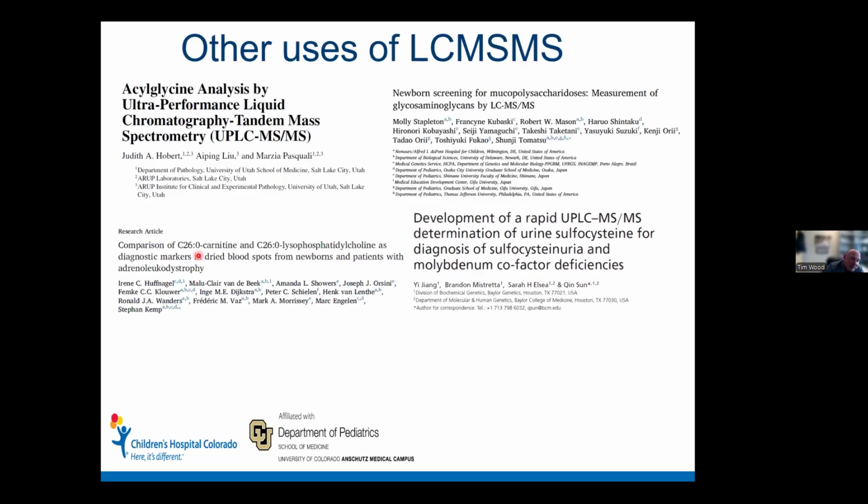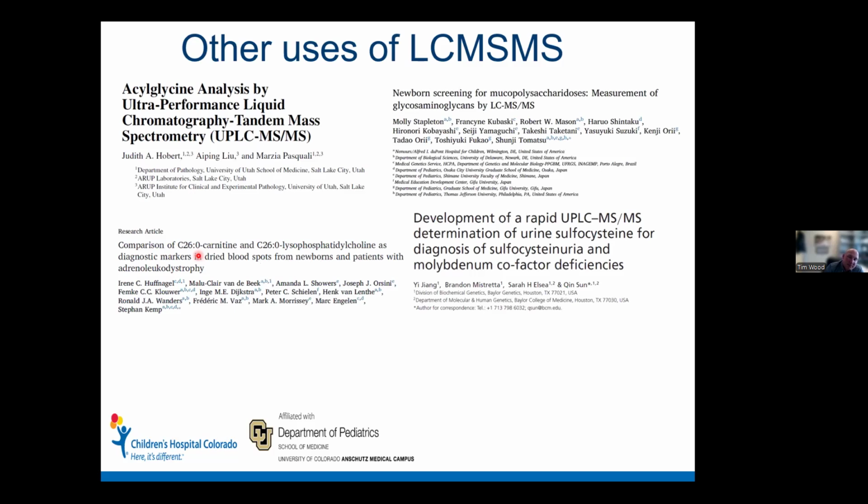So I am pretty much out of time. I did want to put in here some other uses of LCMS to do acylglycines. We already talked a little bit about X-linked adrenoleukodystrophy. All the cool stuff that's going on with GAGs and glycosaminoglycan analysis in urine, blood, CSF, and dry blood spots.